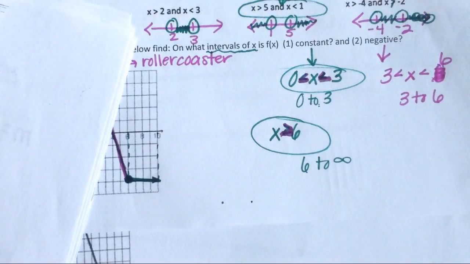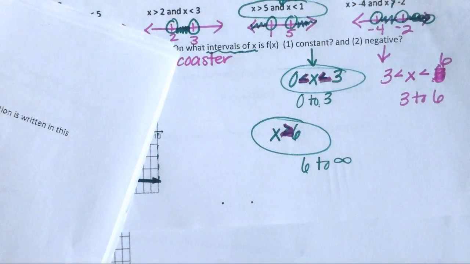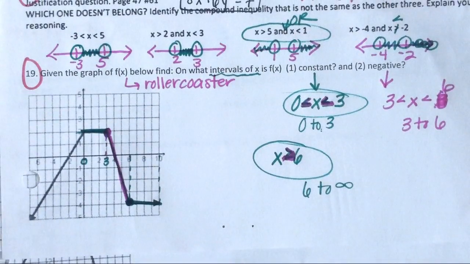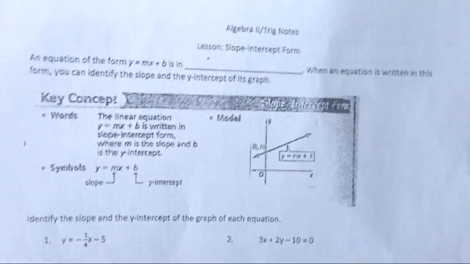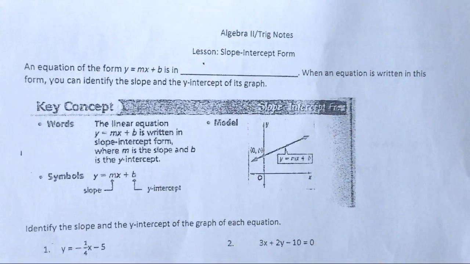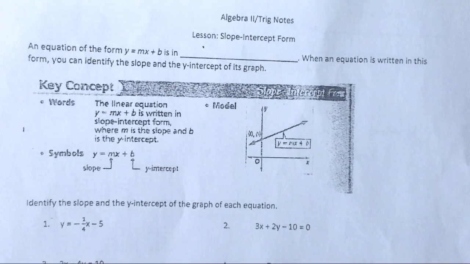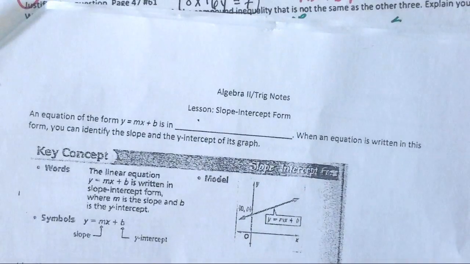Okay, so the one section we're going to do today is actually probably Addison's easiest section yet. Slope-intercept form. So an equation, that's our next page of our notes, the next blank page.